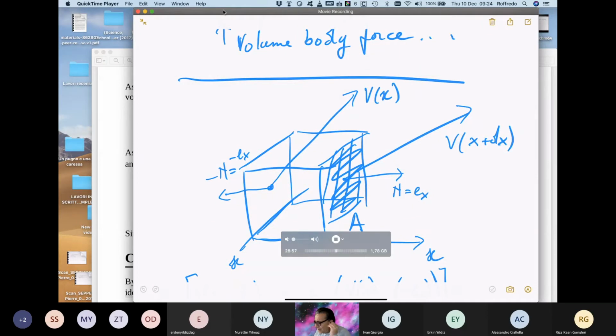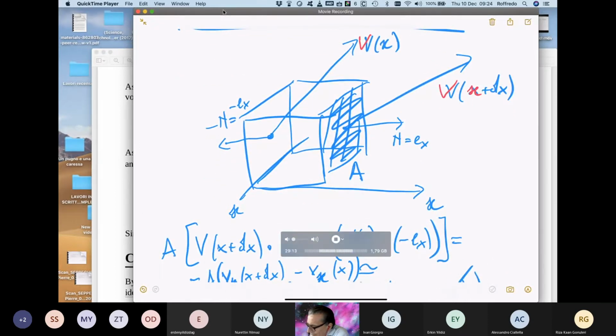So you have, let's call it W, the vector field W function of X. Then you consider a cube having the faces normal to EX. So here we have the system EX, EY, EZ.